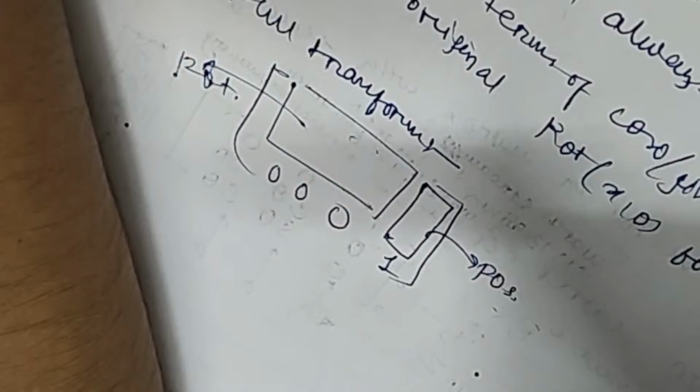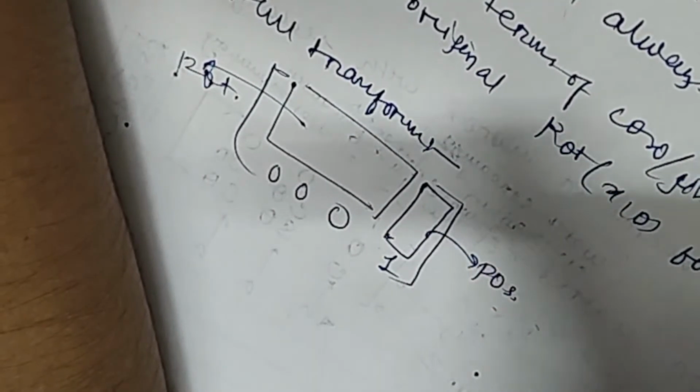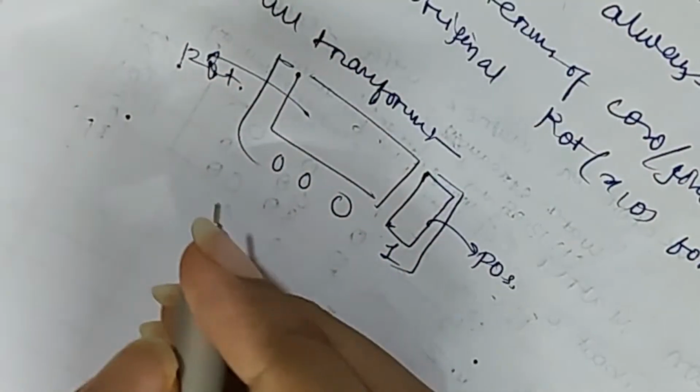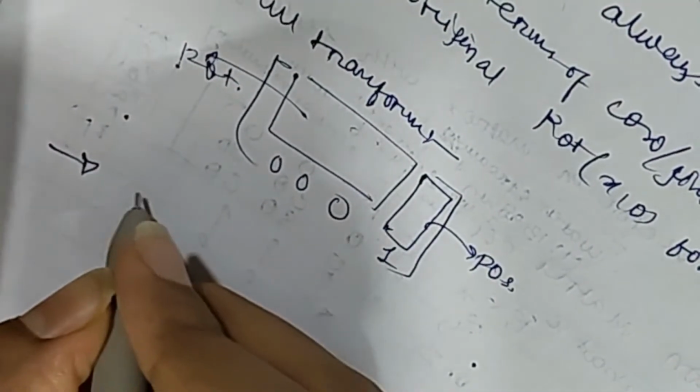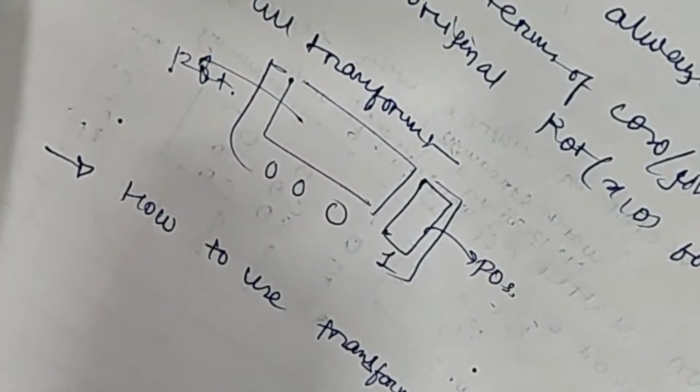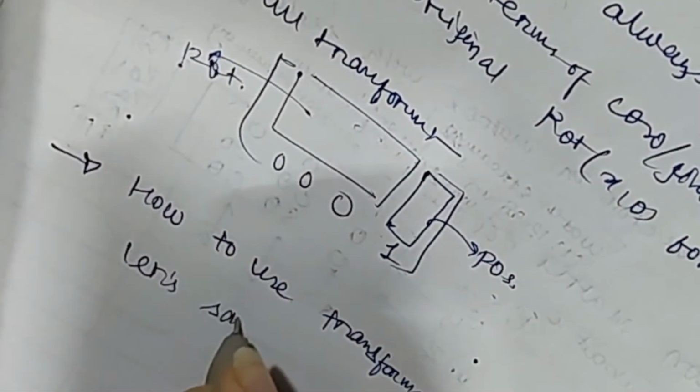Oh no, wait, I forgot a very important part. How to use transforms practically. Let's say we get the transform from the object to the end effector.